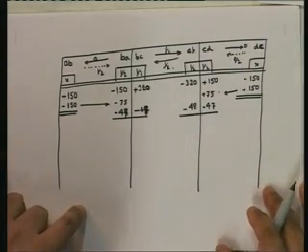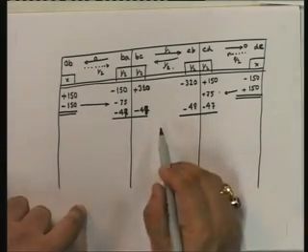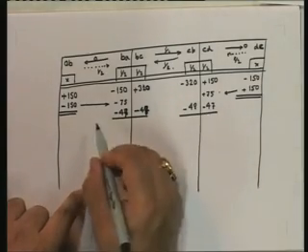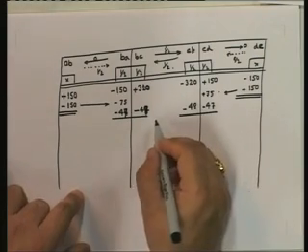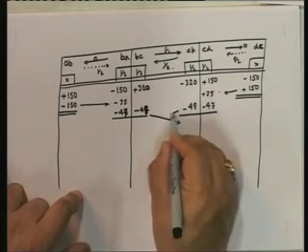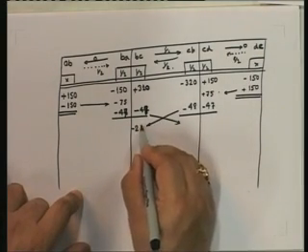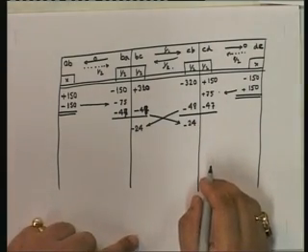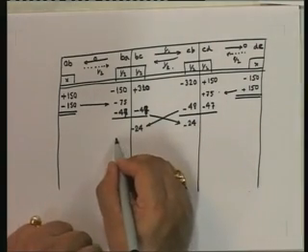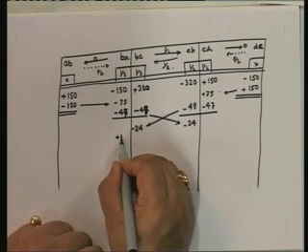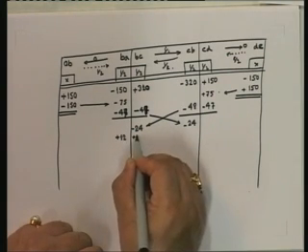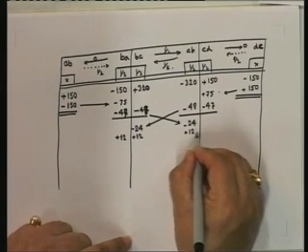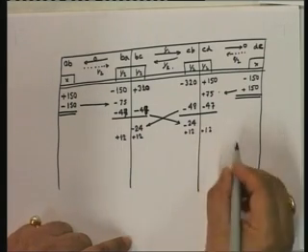Okay, and now what we've done is we've done both of them together. Now we do the carryover. There's no carryover here, no carryover here. However, there's carryover here and here. So we have minus 24, minus 24. Now we balance these. So this is going to be plus 12, plus 12, plus 12, plus 12.